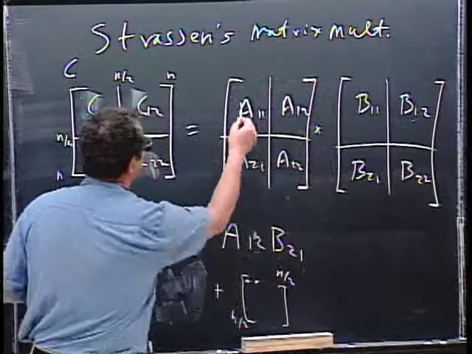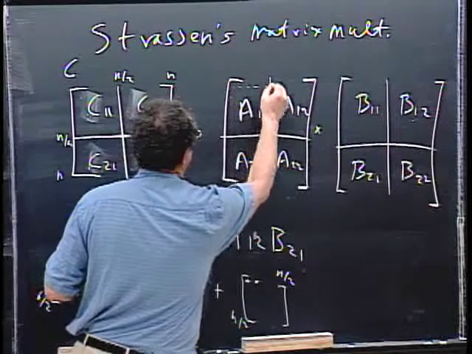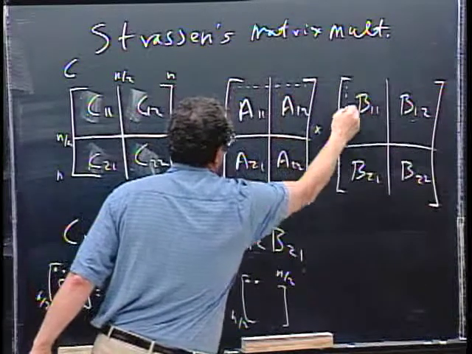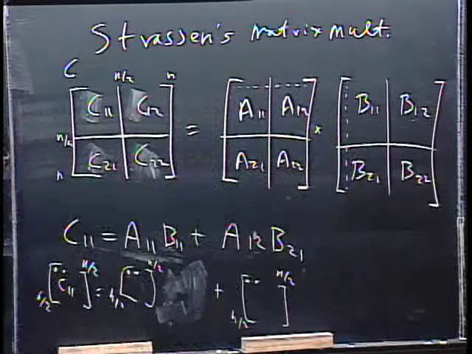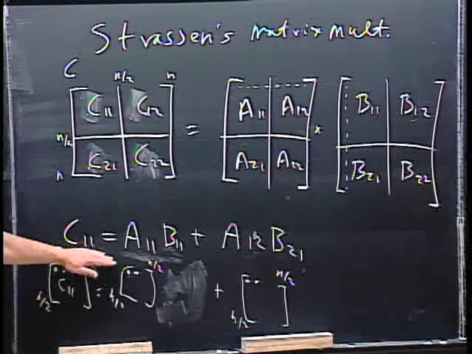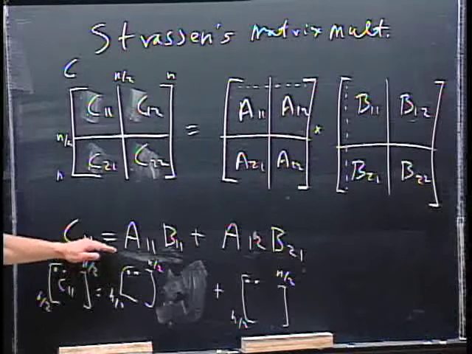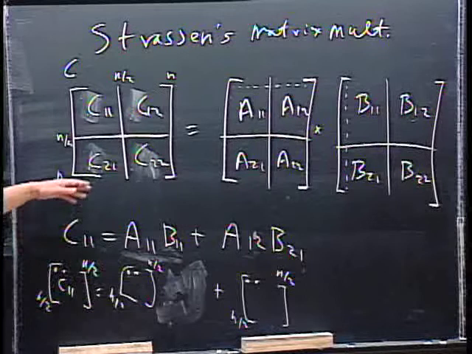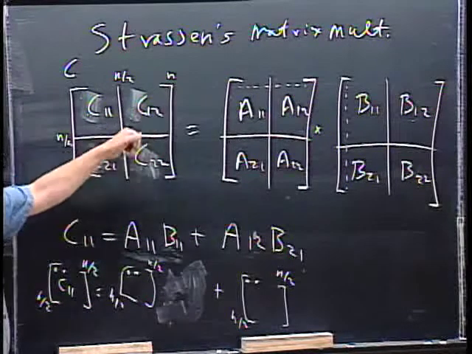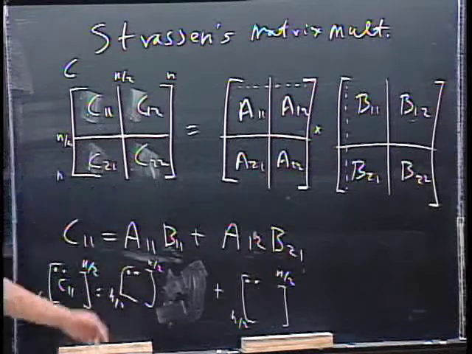But that's exactly the same thing as multiplying this entire row by this entire column, and then doing the additions. So this works out. You should feel comfortable with this. And similarly, we can describe C12 that way, C21 that way, C22 that way.